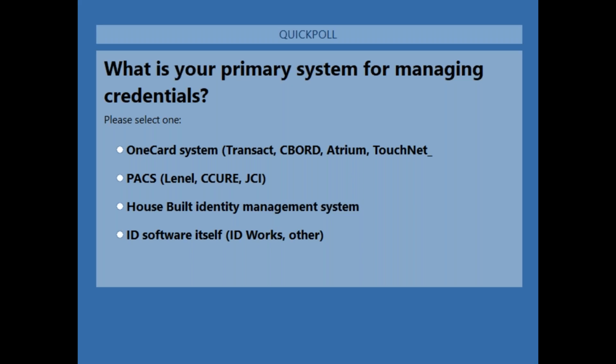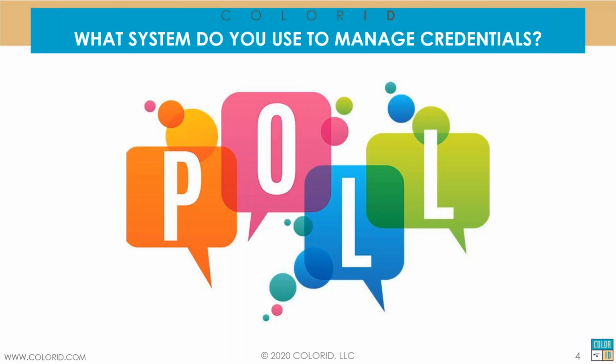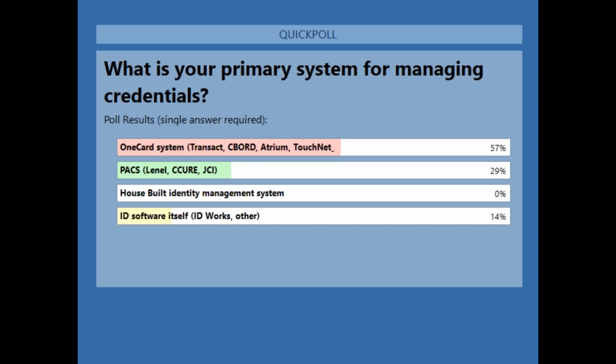Almost there, and good. All right, I'm going to flip this around. So 57% of you are utilizing a ONECARD system, so that would be the likes of Transact, CBORD, Atrium, TouchNet, etc. 29% of you are using your physical access security, so that'd be like Lenel S2. 14% are just using the ID software itself.